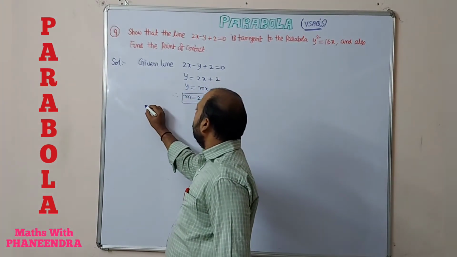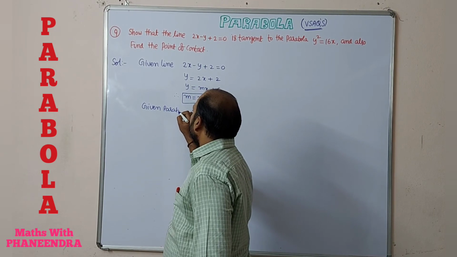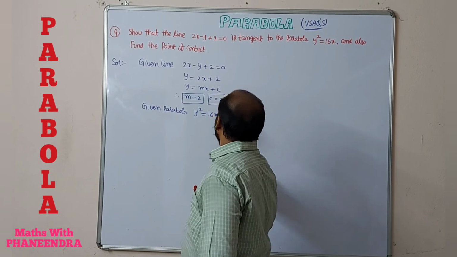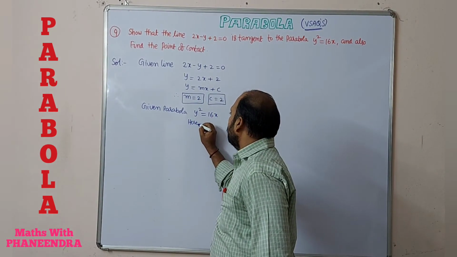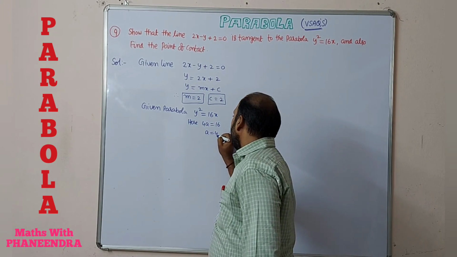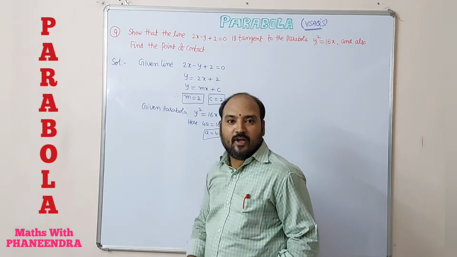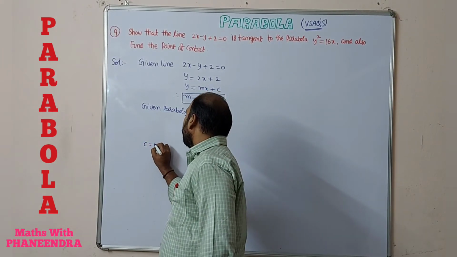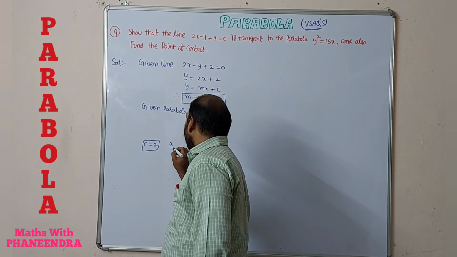And given parabola y squared is equal to 16x here. So here 4a is equal to 16, a is equal to 4. Now I am verifying c is equal to a by m or not. C is equal to, we got it as 2, and a by m also I am verifying.